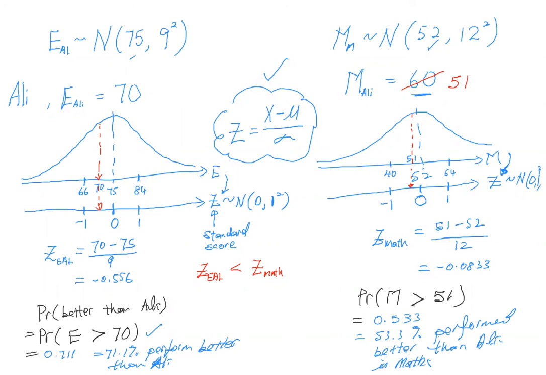Okay, so that means the percentage of students who perform better than Ali in EAL is higher than in maths. Therefore, Ali performed better in maths than in EAL. So you can use different methods.